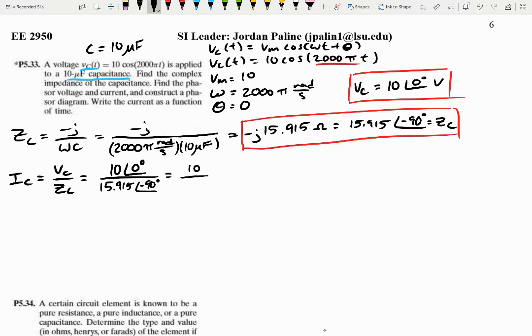So 10 divided by 15.915, 0 minus negative 90 degrees. What do we get there? And I'm getting 0.628 at an angle of 90 degrees. That's my current for C.